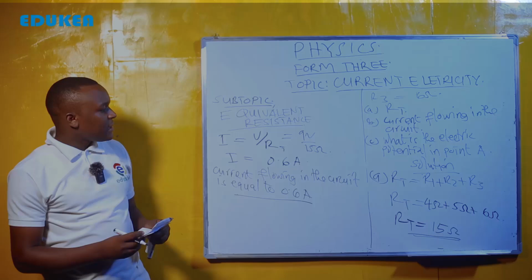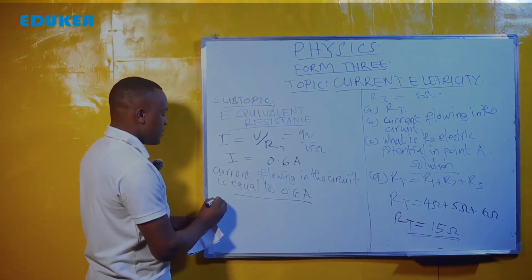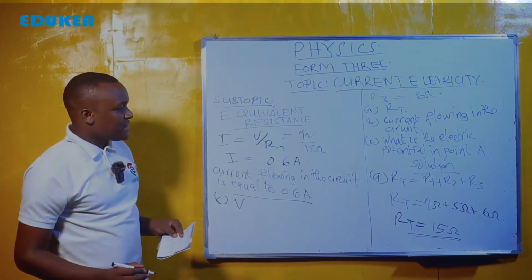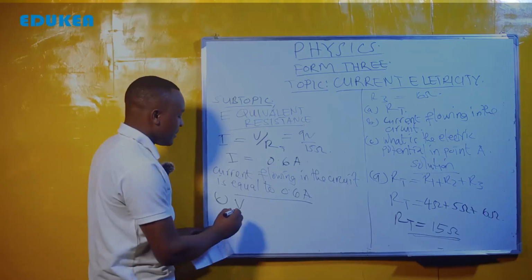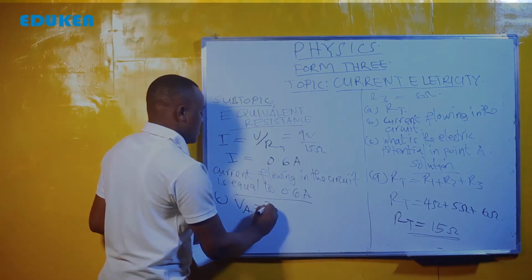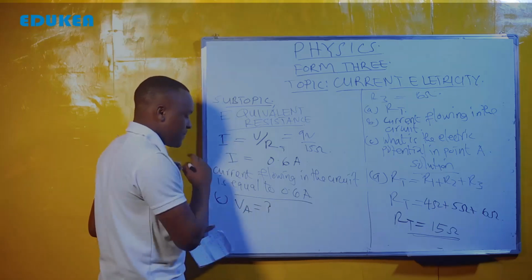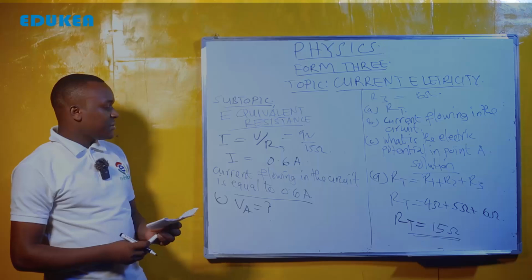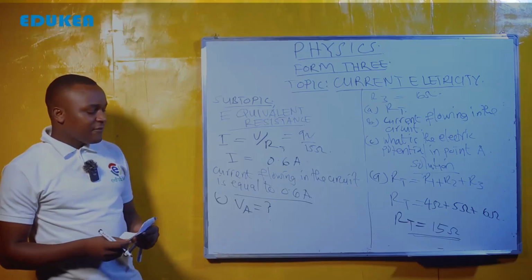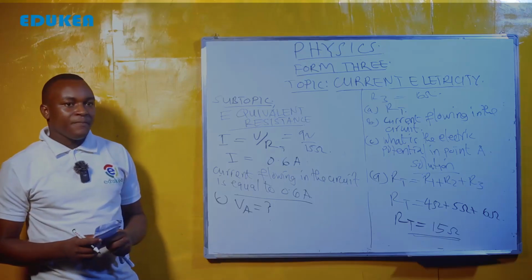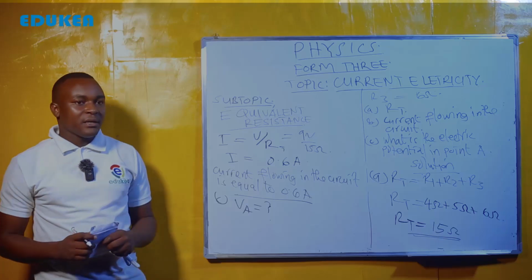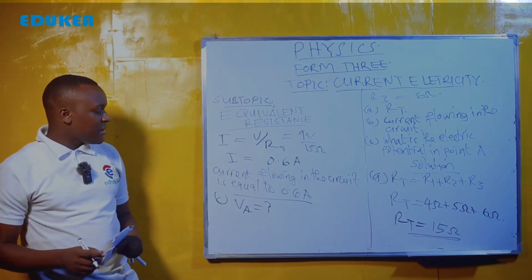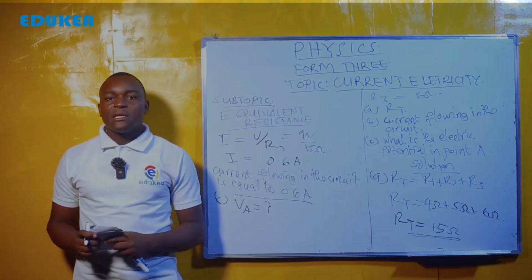But in part C, we are required to find the potential difference at point A. So what is the potential difference at point A? To find the potential difference at point A, let's first find the potential difference at all points. Then we will be able to find the potential difference at point A, because our resistances are connected in series.